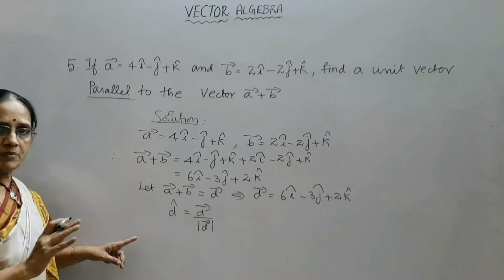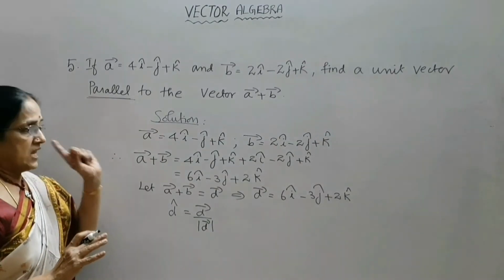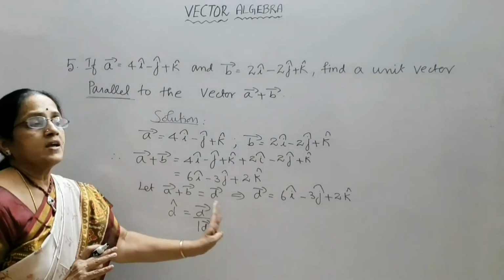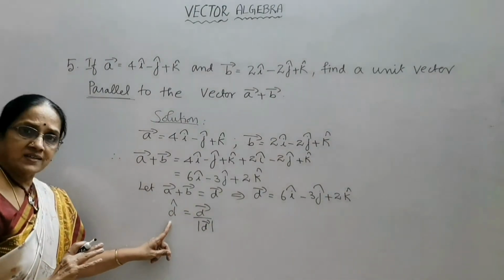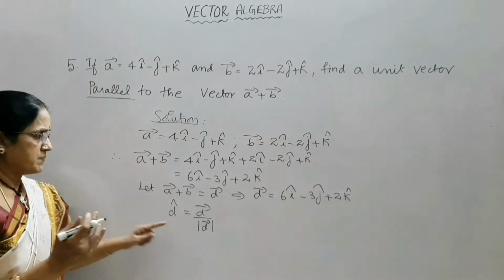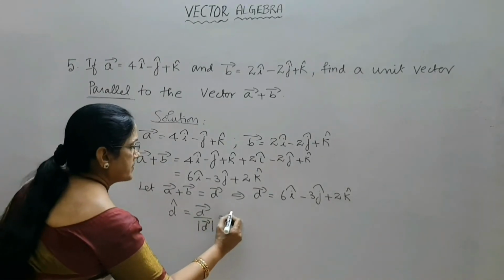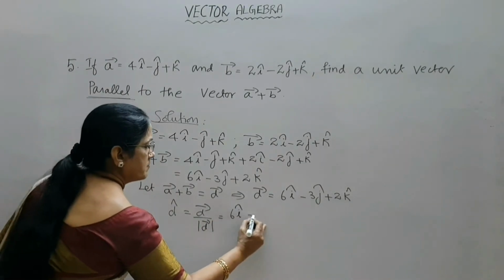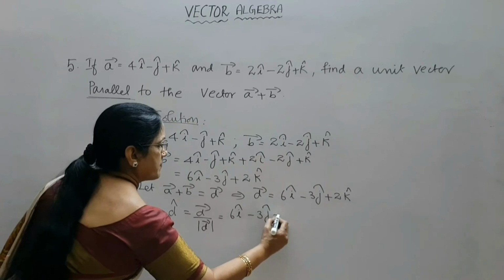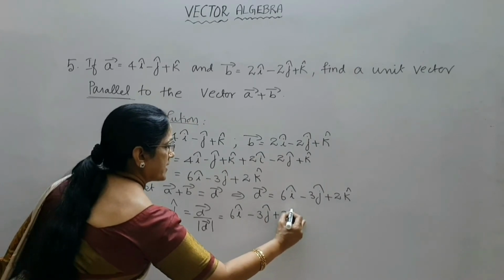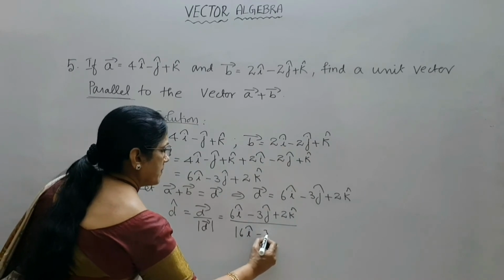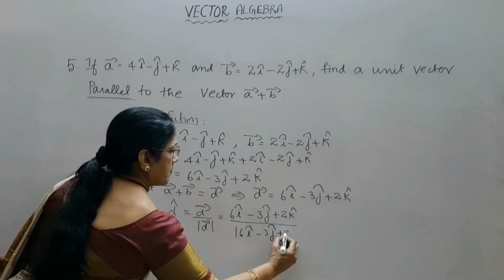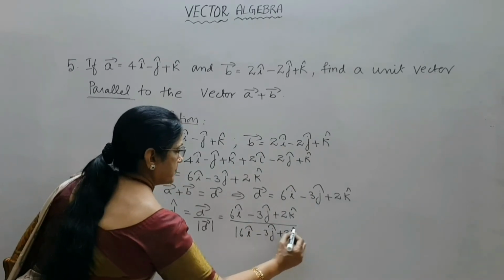As I told you in the beginning, whether it is along d vector or parallel to d vector, you have to find out only the d cap. It is going to be the same. So, this is 6i cap minus 3j cap plus 2k cap by mod 6i cap minus 3j cap plus 2k cap.